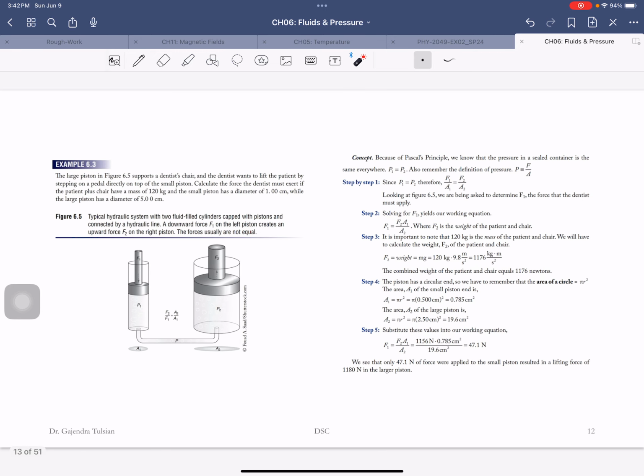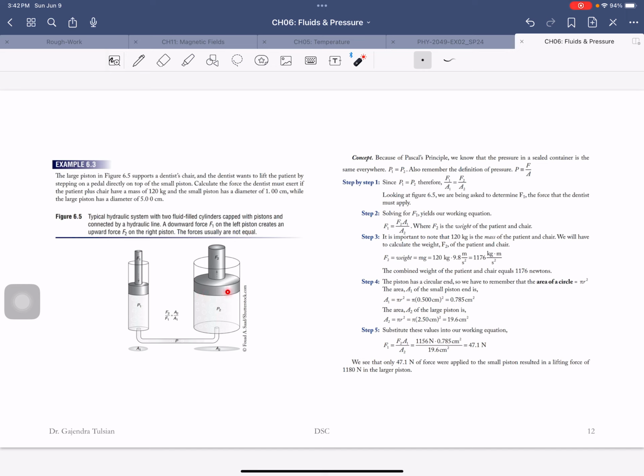So here's an application, for instance, in a dentist chair. This piston has a diameter of 1 centimeter, and this piston has a diameter of 5 centimeters. So the radius of this one is 5 times greater than that.